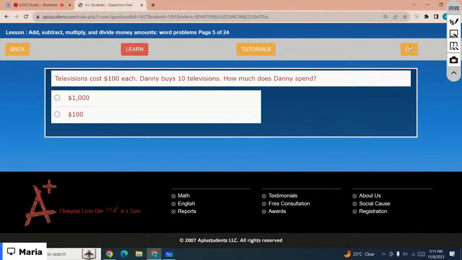The correct option is, you need to do 10 times 100, right? And 10 times 100 is $1,000, right? So the price of 10 televisions is $1,000. The correct option is $1,000.